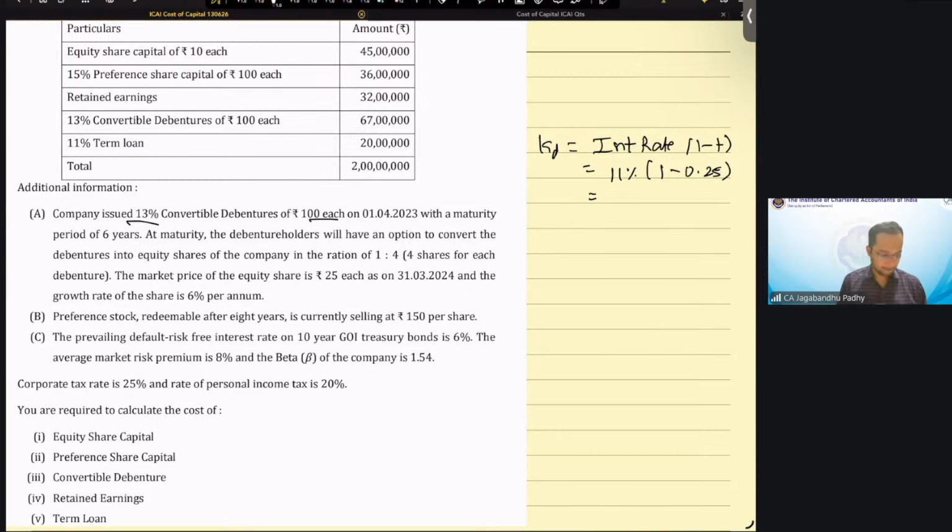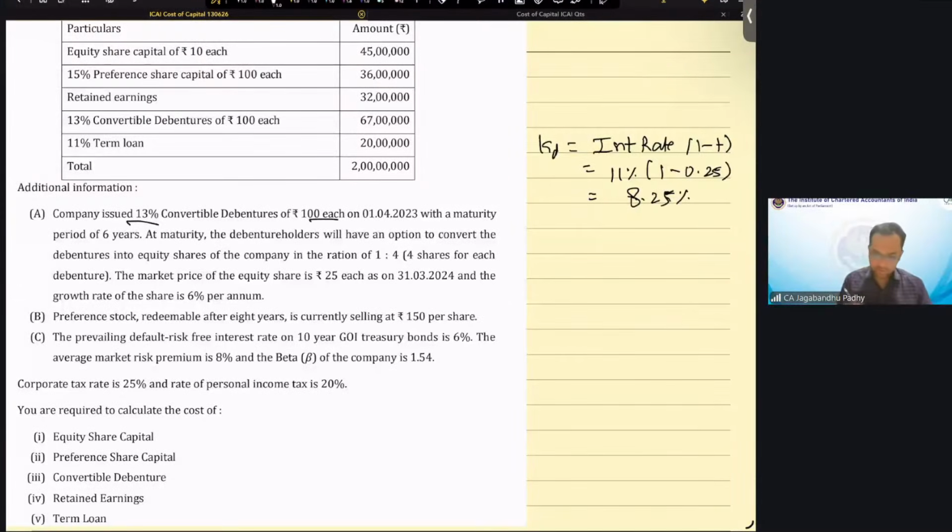11 into 1 minus 0.25. What is this? 8.25%, right? So that's 8.25%.